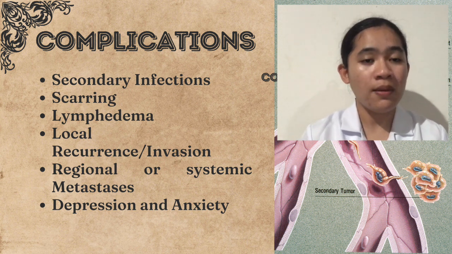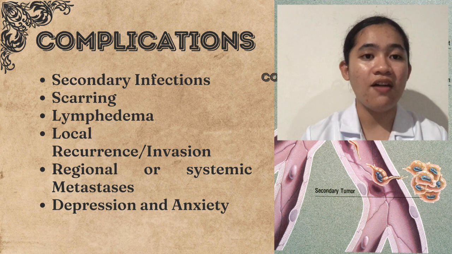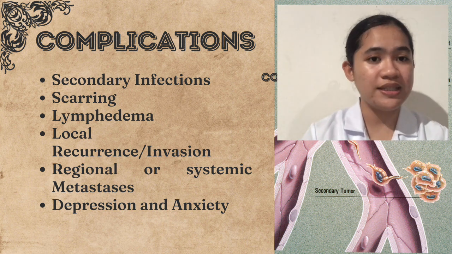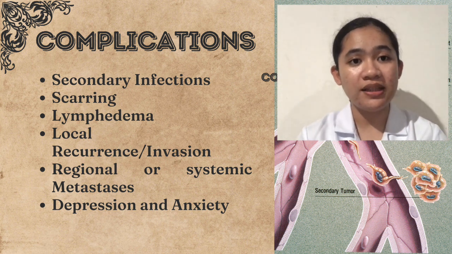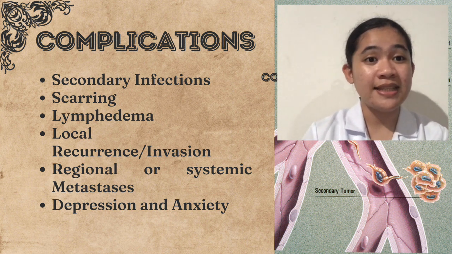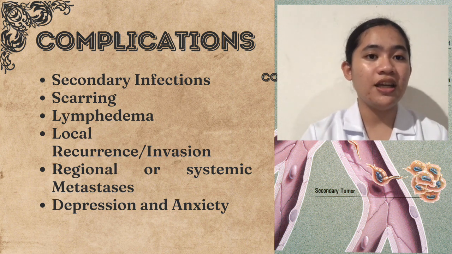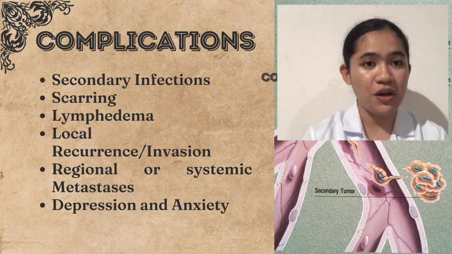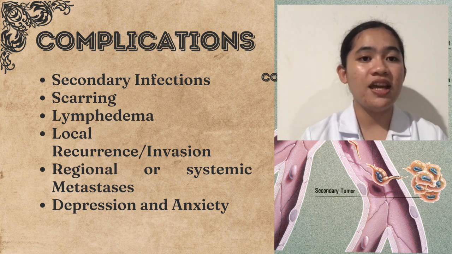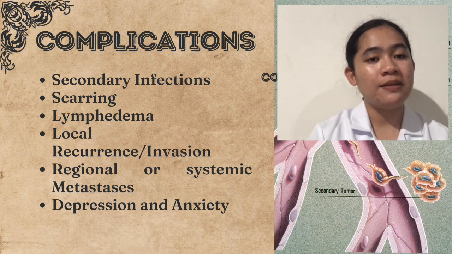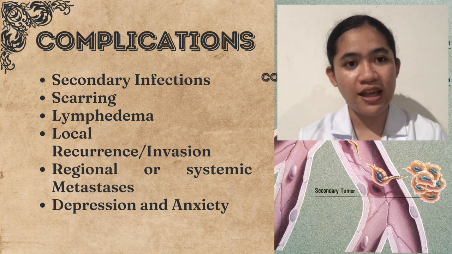If you remember the signs and symptoms that I mentioned earlier, when your skin cancer or malignant melanoma has already complicated and worsened, such as nausea and vomiting, bone fractures and bone pain, headaches and seizures, those are the signs and symptoms or manifestations that you may experience when there is already a regional and systemic metastasis in your body due to malignant melanoma if it is left untreated.